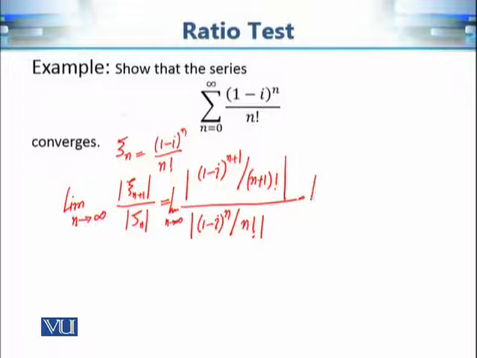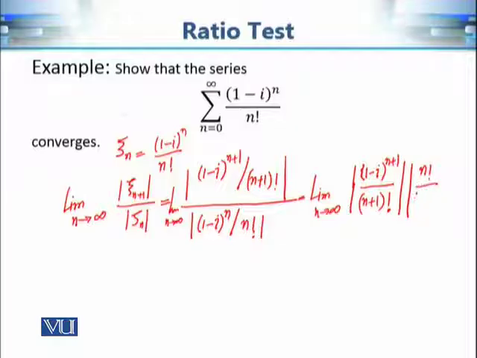So this is equal to the limit as n approaches infinity. We can write the numerator in the following way: the modulus of (1 minus iota) raised to power n plus 1 divided by n plus 1 factorial. And similarly we can write the denominator in the following way: n factorial divided by the modulus of (1 minus iota) raised to power n.